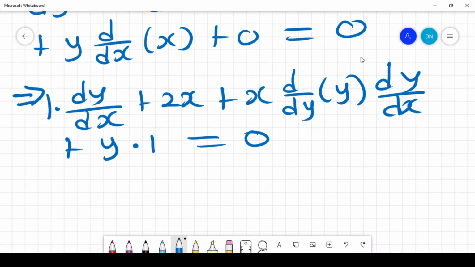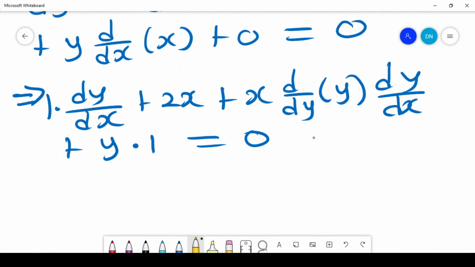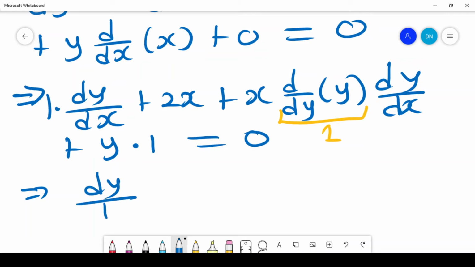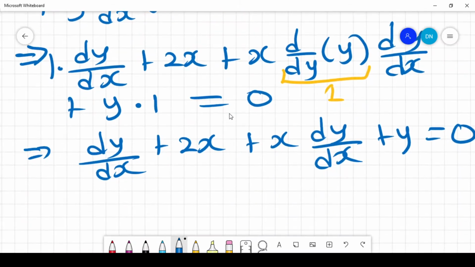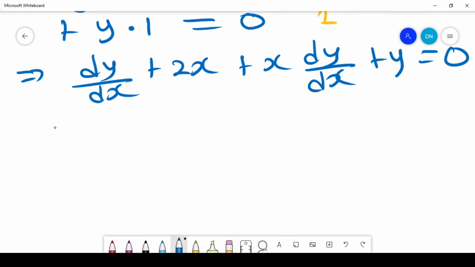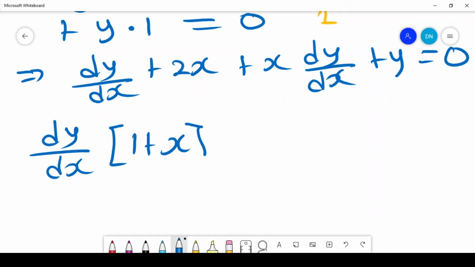Now, once that is done, definitely this will be 1 without writing so many terms. So I'll have dy/dx plus 2x plus x dy/dx plus y equals 0. That's the equation I'll be left with. I want to put the dy/dx terms together, and therefore dy/dx times (1 plus x) equals minus y minus 2x.